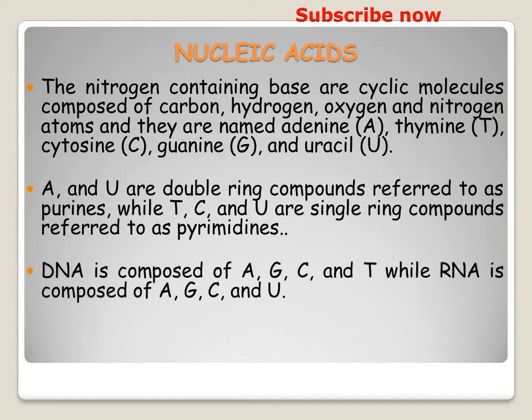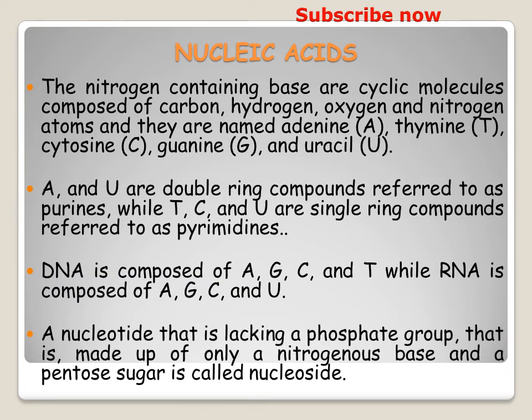DNA is composed of adenine, guanine, cytosine, and thymine, while RNA is composed of adenine, guanine, cytosine, and uracil. A nucleic acid lacking a phosphate group, made up of only a nitrogenous base and a pentose sugar, is called a nucleoside.